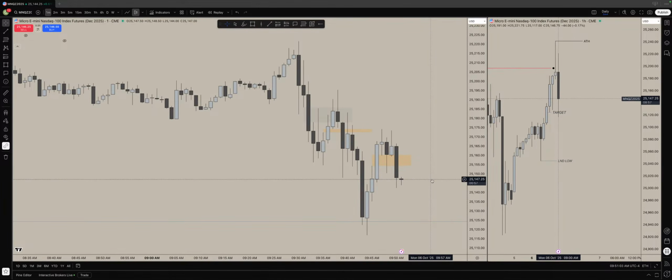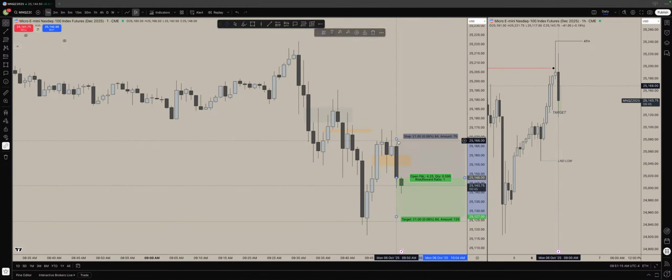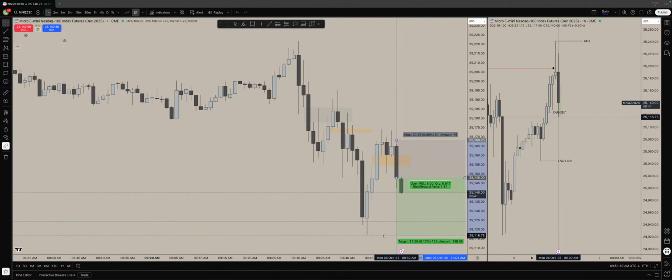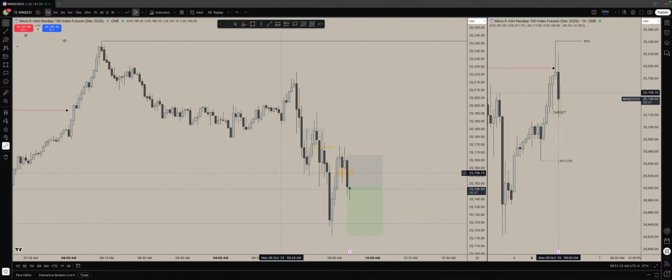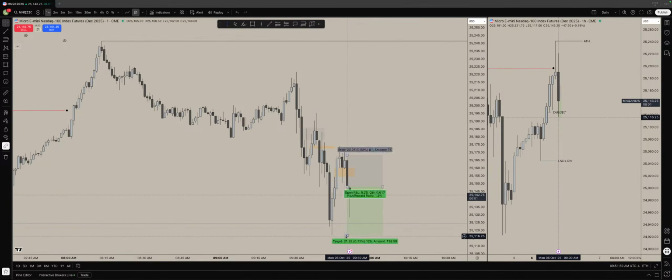Short. Short that. I'd go break even here, just because of how far this candle traveled within my range.